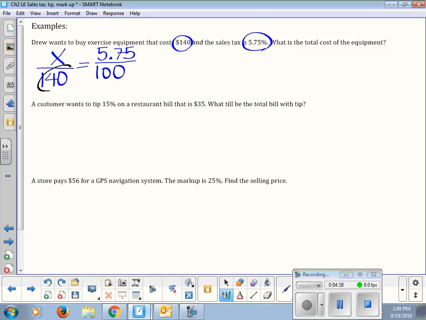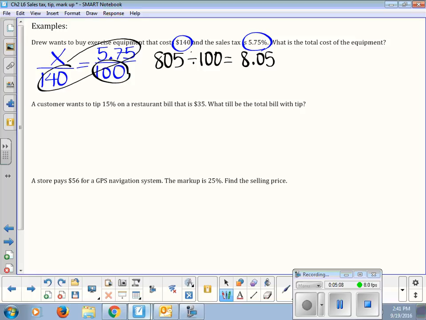We're going to multiply the two numbers we know how to multiply. So we're multiplying 140 times 5.75, and what do we get? 805. We have to do what with our leftover number? Divide, and we're dividing by 100, and we should get 8.05. So this amount right here is the amount that we're paying in tax.